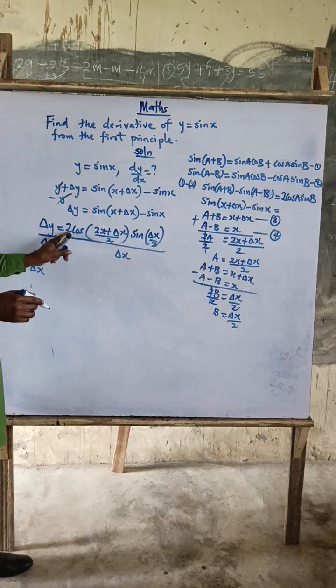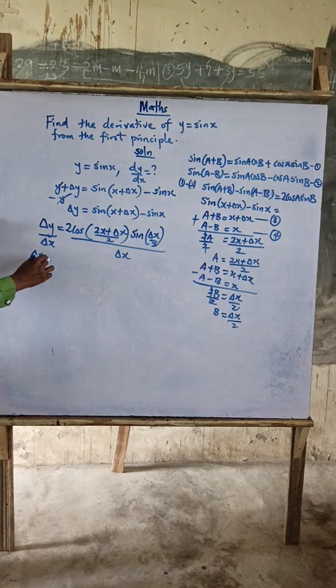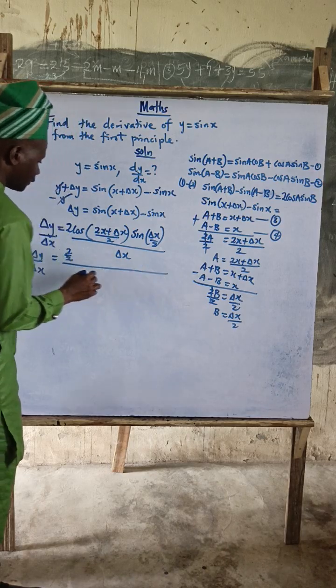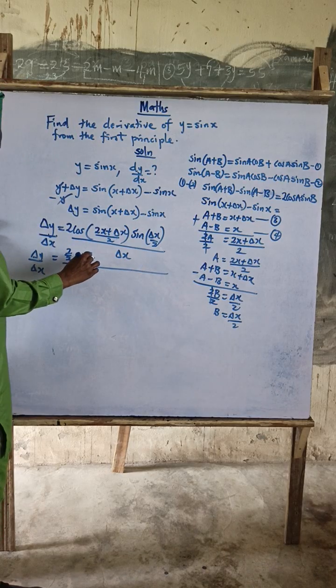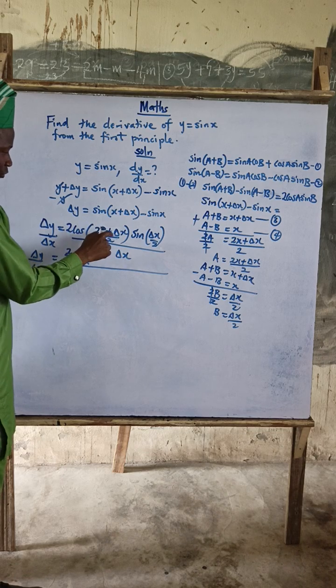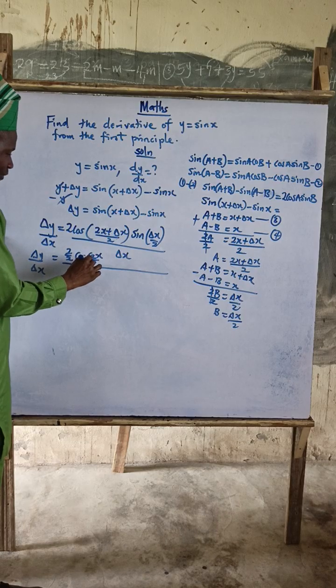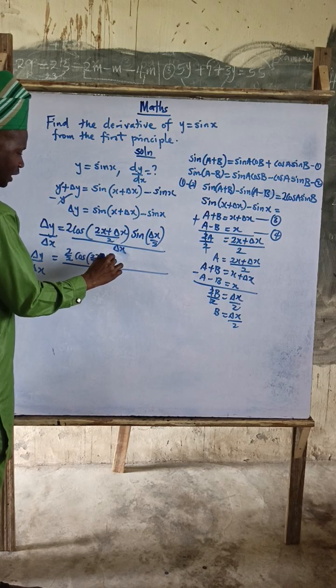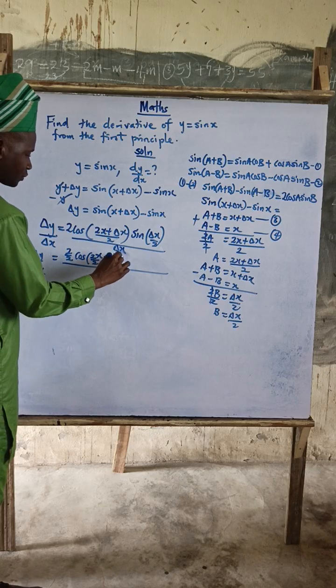Now divide both numerator and denominator here by 2. We have 2 divided by 2, this will cancel out, then we are dividing this by 2. We have cos, then let's distribute this over the denominator and the numerator. We have 2x divided by 2 plus delta x divided by 2.